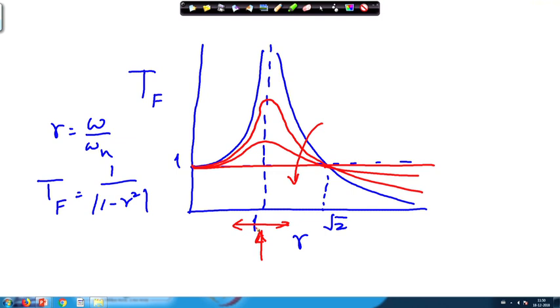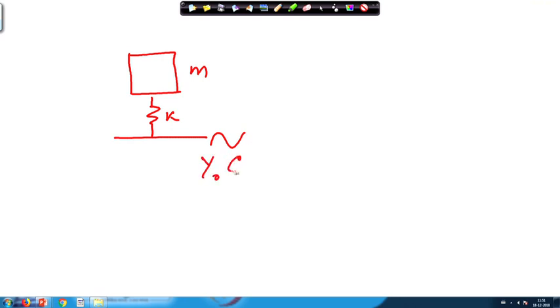Second, we come to the motion transmissibility. Now, what is that? Here we have a similar situation: we have the mass, we have the spring, and then this is the moving part which is excited by y equal to y naught cosine omega t.